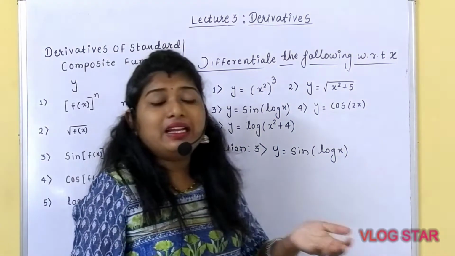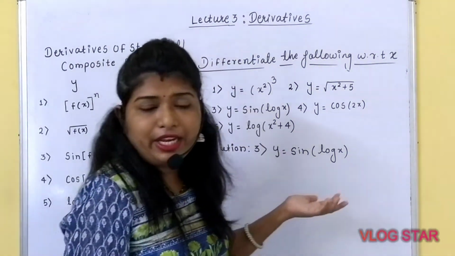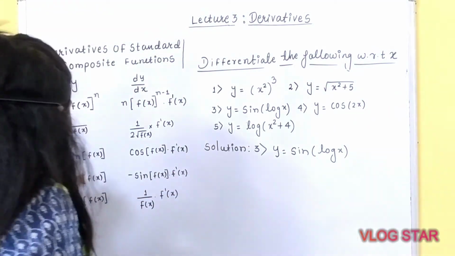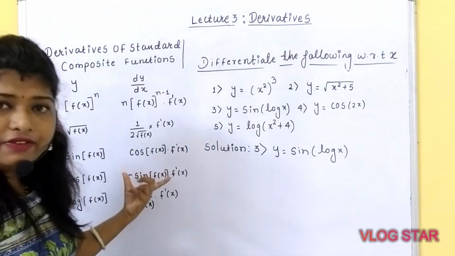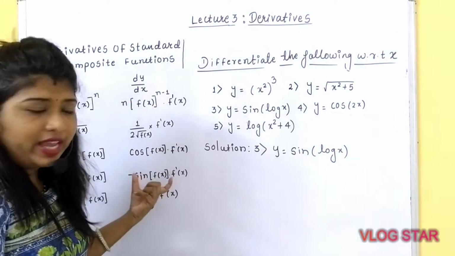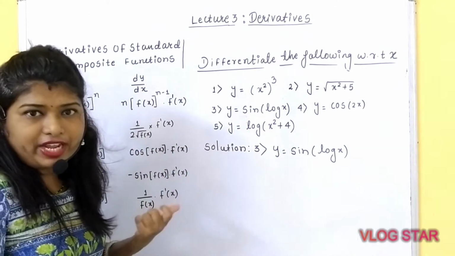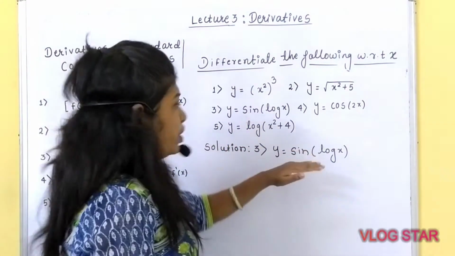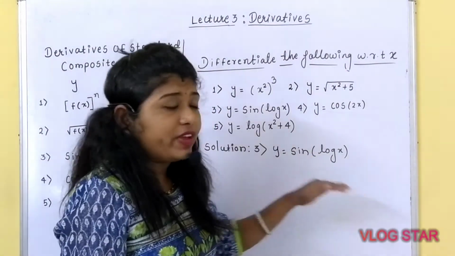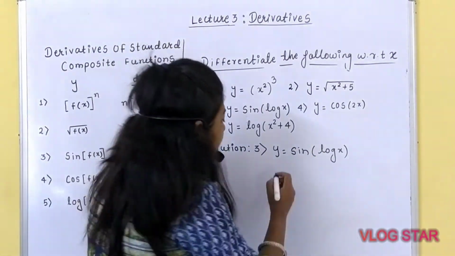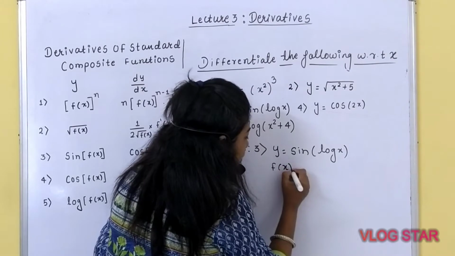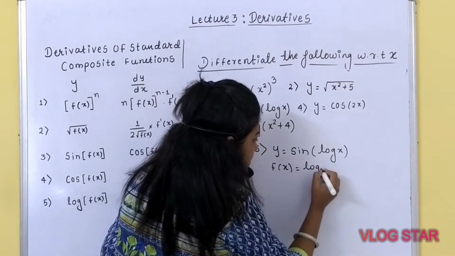So we have a standard composite formula for sine of f of x. What is the derivative of sine of f of x? It is given by cos f of x into the derivative of f of x, that is f dash of x. So could you identify what is f of x from this particular question? f of x is equal to log x.